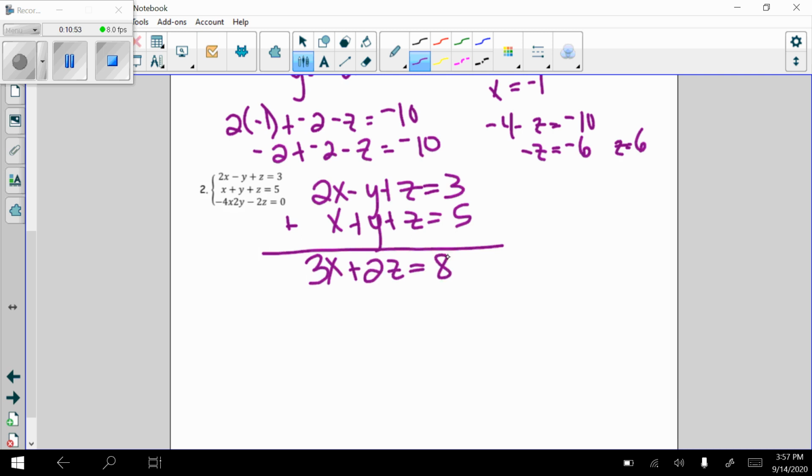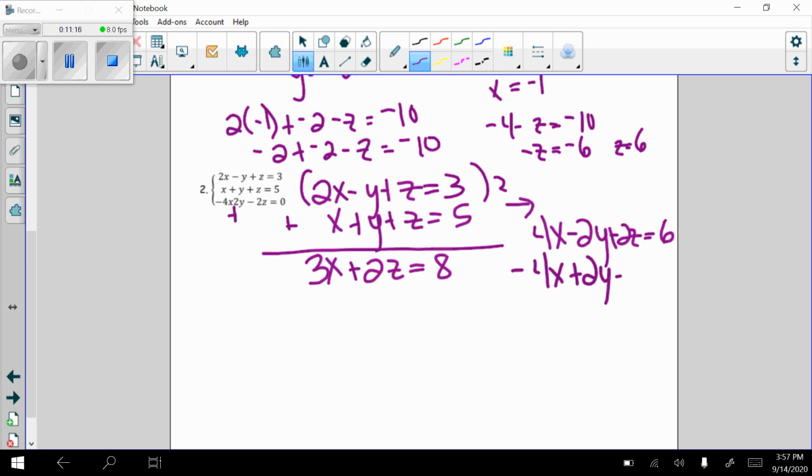So now if I multiply the top equation by 2, I get 4x minus 2y plus 2z equals 6. This, let's see, should be a 4x plus 2y. So I have negative 4x plus 2y minus 2z equals 0.